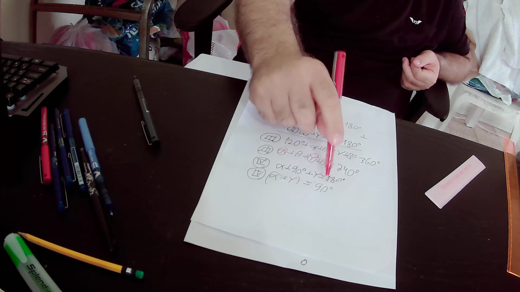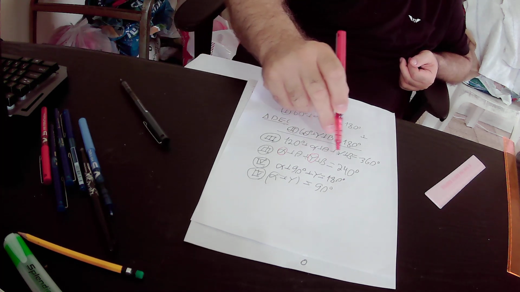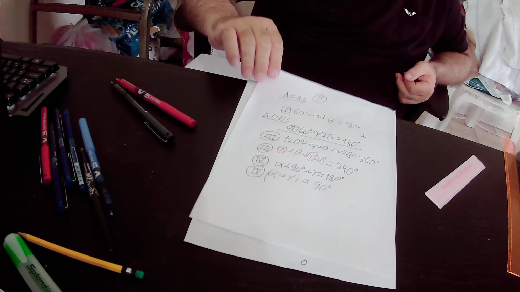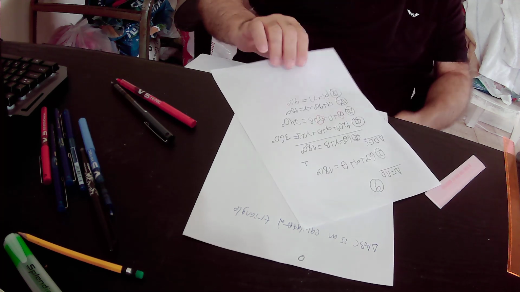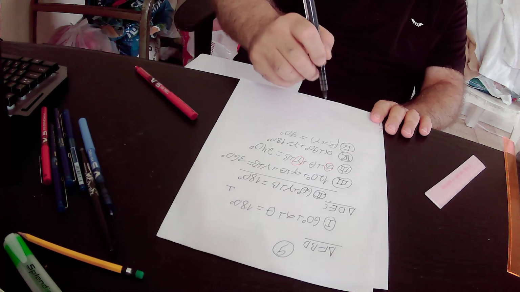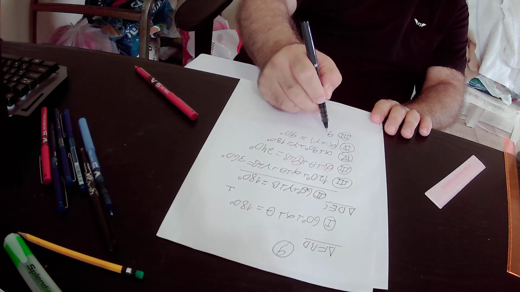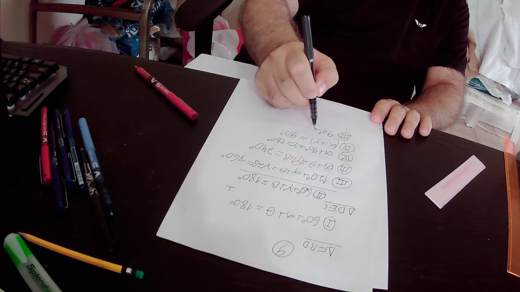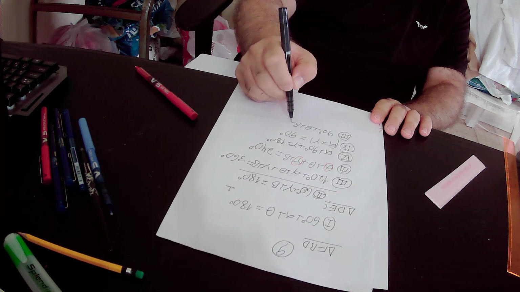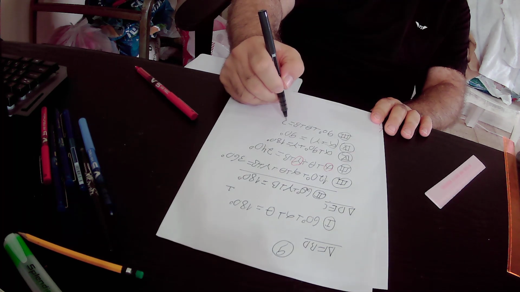So we will substitute alpha plus gamma by 90 degrees in equation number 3, and we will get that 90 degrees plus theta plus beta equals 240 degrees.